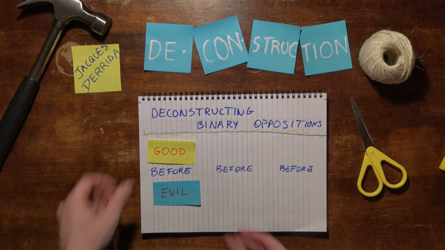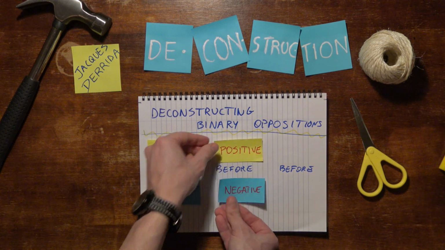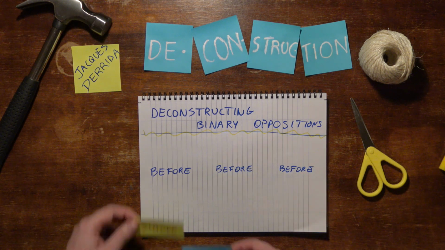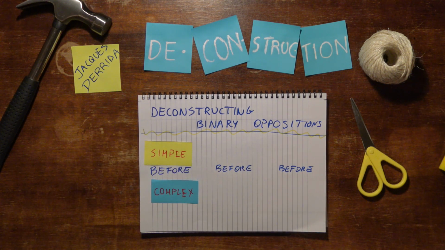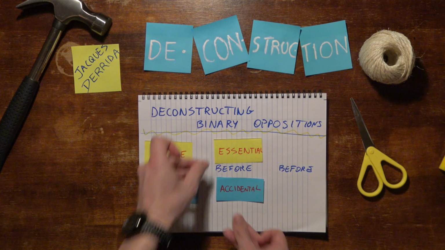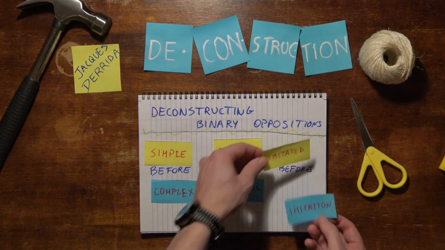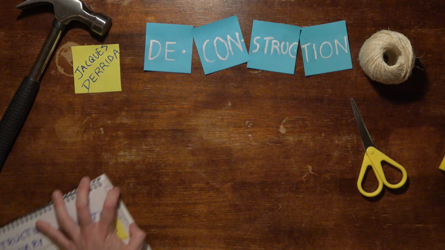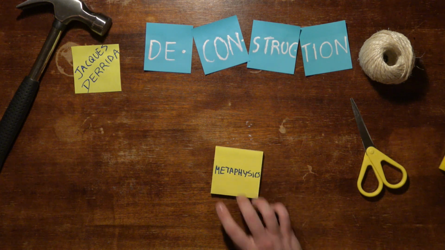Good before evil, the positive before the negative, the pure before the impure, the simple before the complex, the essential before the accidental, the imitated before the imitation. This is not just one metaphysical gesture among others, it is the metaphysical exigency, the most constant, profound, and potent procedure.